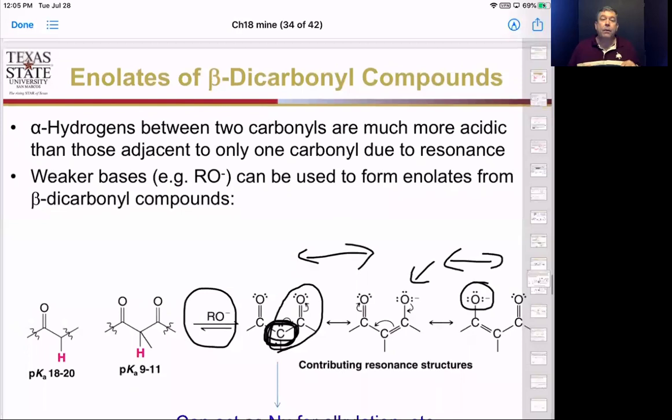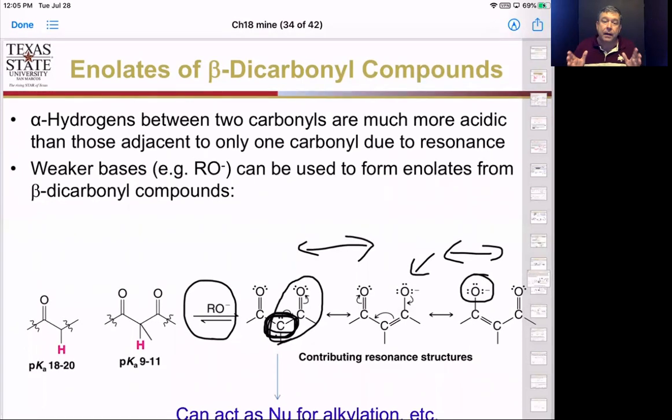Okay. Now, when we have these beta dicarbonyl compounds, the key here is that you have 2 electron withdrawing groups, one on either side of that alpha carbon, making those protons very easy to remove. Okay, and if you have the right situation, such as one of those 2 carbonyl compounds happens to be a carboxylic acid, we can use that to our advantage by actually clipping off one of them, and we can get different functional groups in the end.